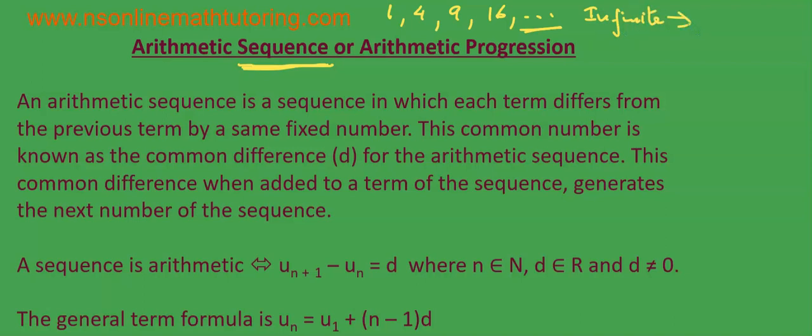For an infinite sequence, you do have the first term, but you do not have the last term. Okay? The last term is missing because it just continues forever. Whereas if you take these 4 terms, this is also a sequence, but it is a case of a finite sequence because it has both the first and the last terms.